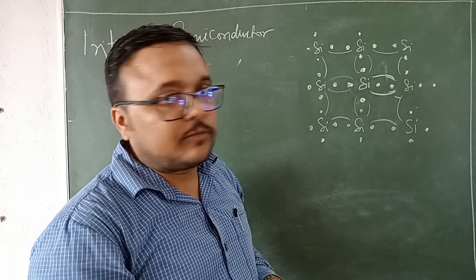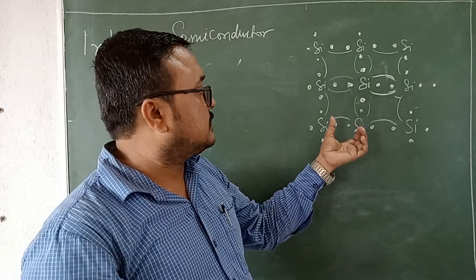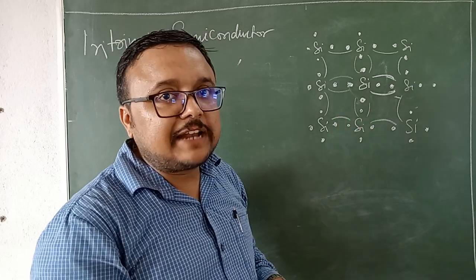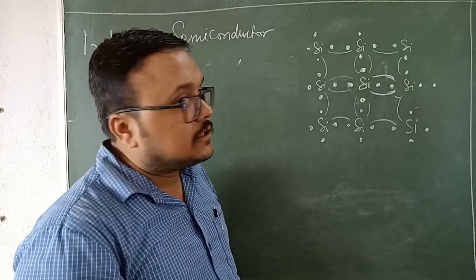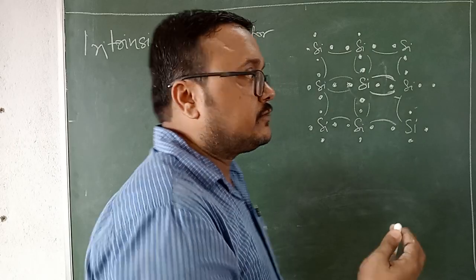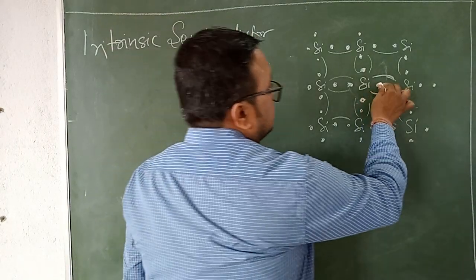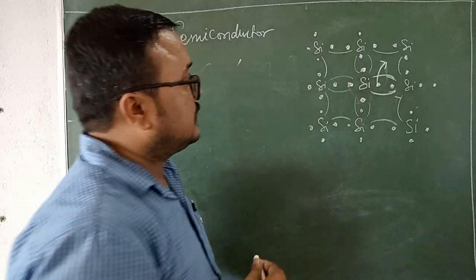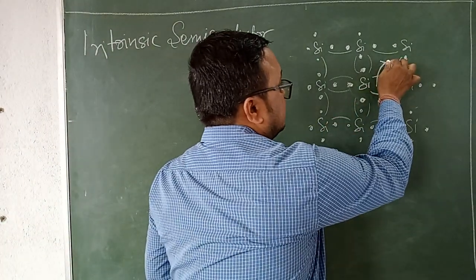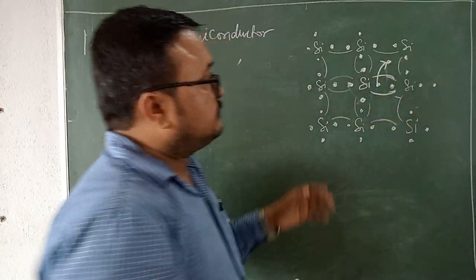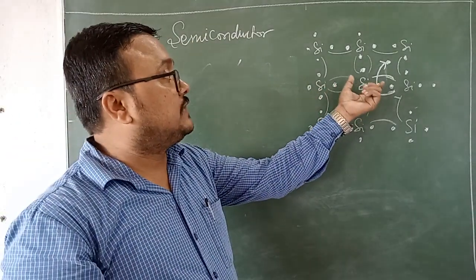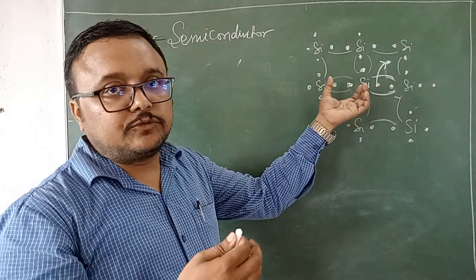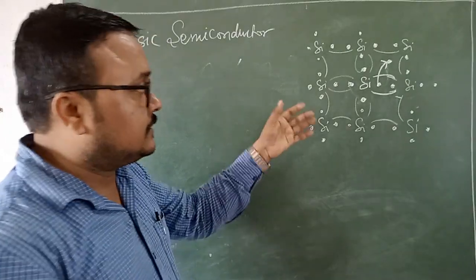At low temperature it behaves like an insulator, but when it gets some energy from outside, the bonded electron jumps and becomes free. This generates a free electron in the semiconductor, due to which current is conducted.